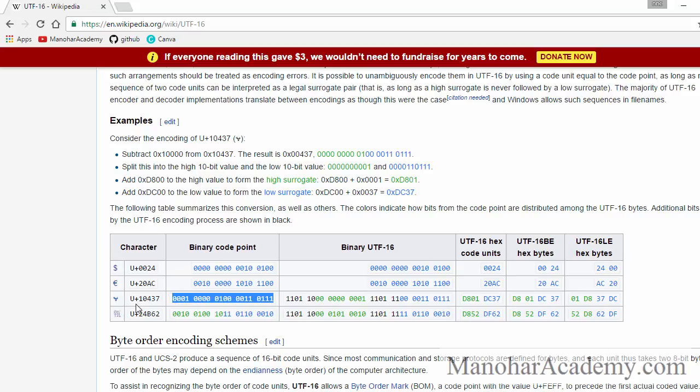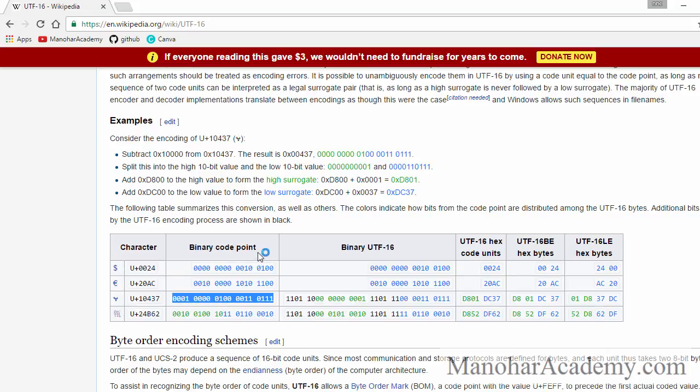So in Java, I am not talking about the char data type, I am talking about a character. Every character is encoded using code points.